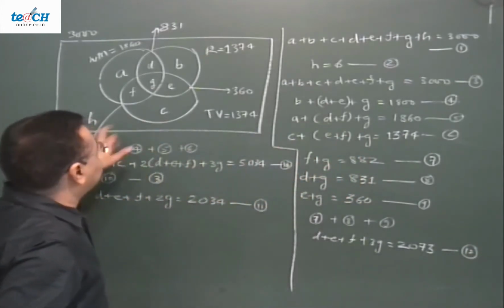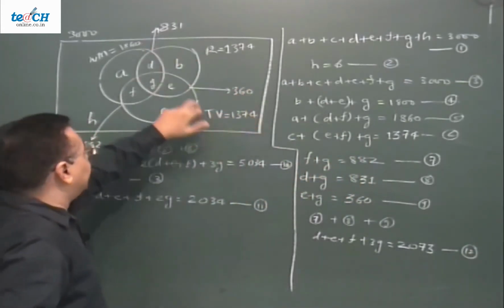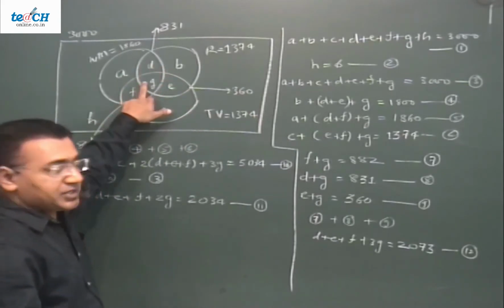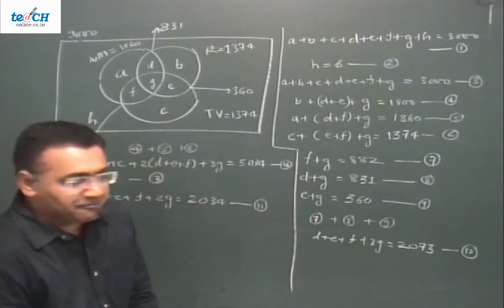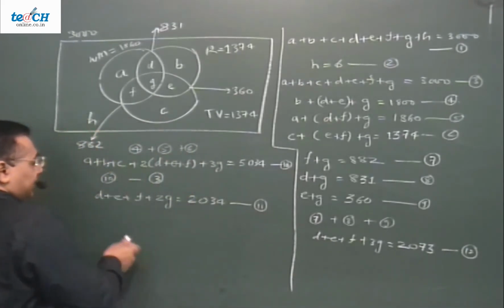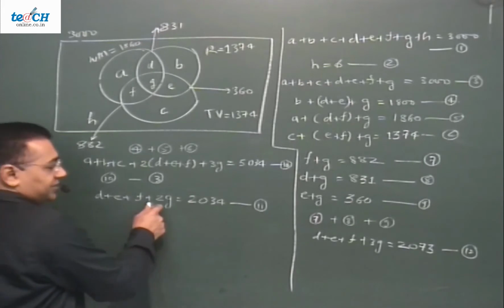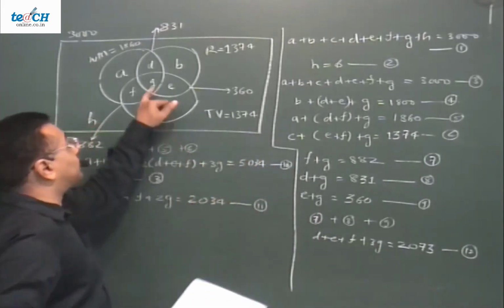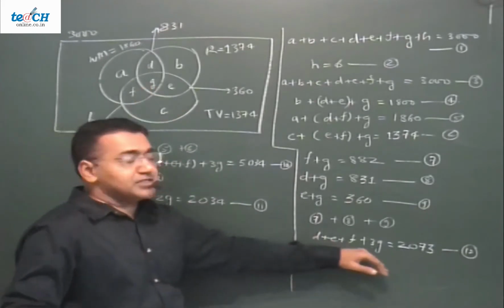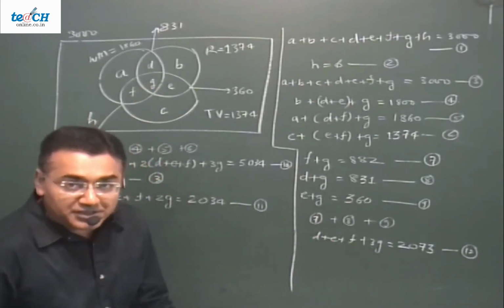Remember, when we added these three in our intuitive solution, I had said that DEF comes once and G comes thrice. Exactly the same again. Now look, we also said that DEF is coming once here and G coming twice here, and DEF coming once here and thrice here. So the difference of these two will be this common number. And look, difference of these equations will give you G, which is exactly the same.